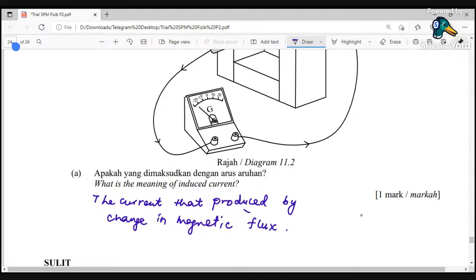Ataupun dia boleh juga sebut the cutting of magnetic flux also can. The current that is produced by change in magnetic flux, or the current that is produced by the cutting of the magnetic flux. Okay.